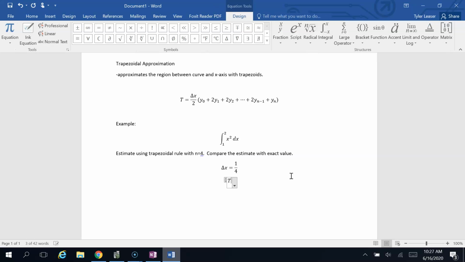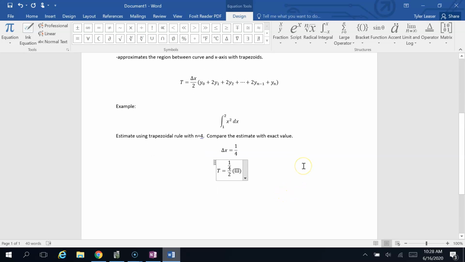All right, other than that, we just need to find all those different y values. So let's go ahead and start plugging stuff in. My total area using this trapezoidal rule is going to be that delta x, 1/4, divided by 2, times all of these different y values. I'm going to write it all out in a slightly different way, just so I hope it's a little bit easier. That first y value, y sub 0, is going to be starting at my left interval, my lower limit of 1. Basically, we're going to be plugging 1 into my function.